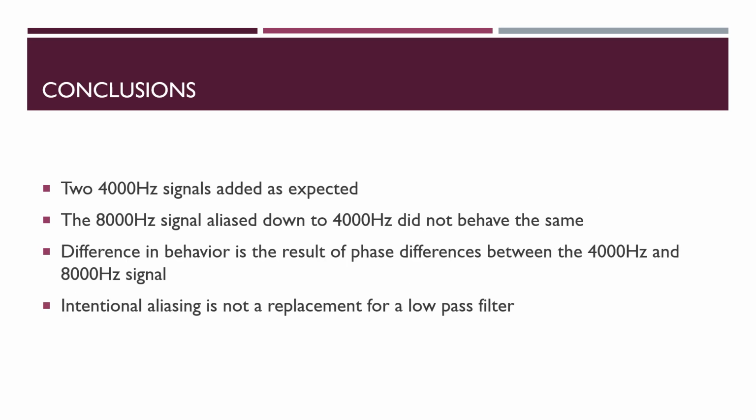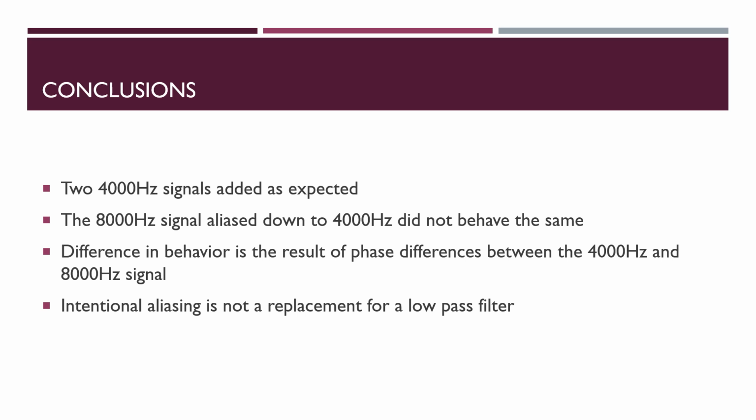The 2 4,000 Hz signals acted roughly as expected, with the resultant power level being the sum of the 2 component power levels. However, the aliased 8,000 Hz signal did not behave the same as the 4,000 Hz signal, as it alternated between being the sum of the 2 component signals and only 0.15 volts squared per hertz. The differences in behavior can be explained by phase differences between the 4,000 and 8,000 Hz signal.